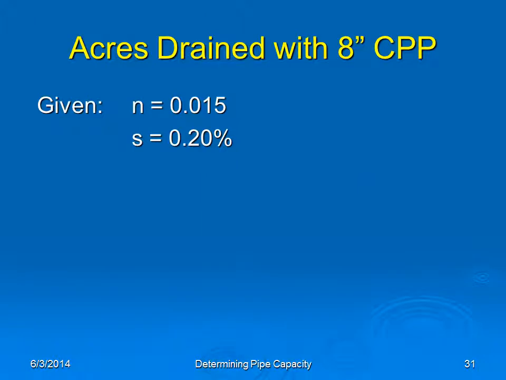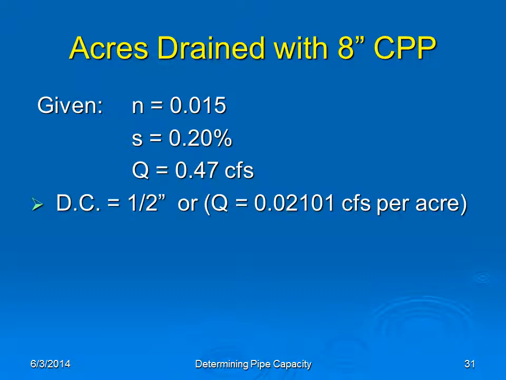So let's answer the question, how many acres can we drain with an 8-inch corrugated plastic pipe? Using a Manning's n of 0.015 on a slope or grade of 0.2%, the capacity of that pipe is 0.47 CFS. And our drainage coefficient is 1/2 inch, or 0.021 CFS per acre.